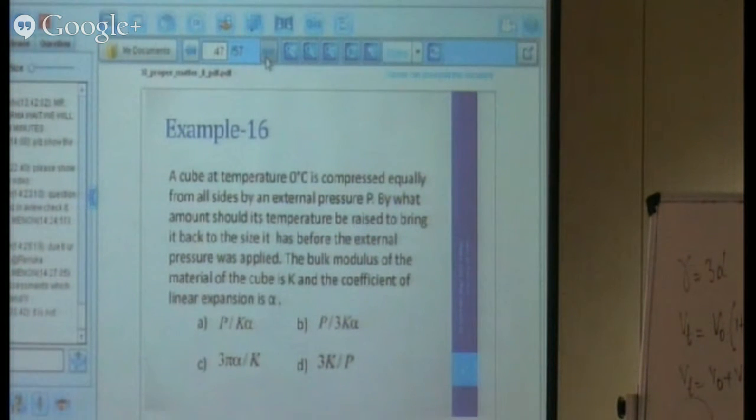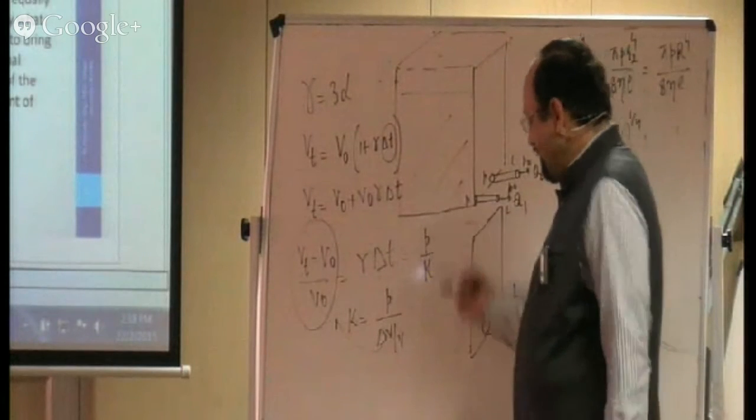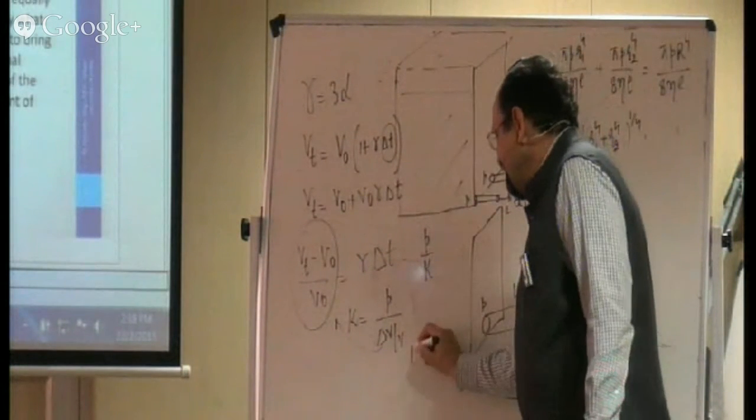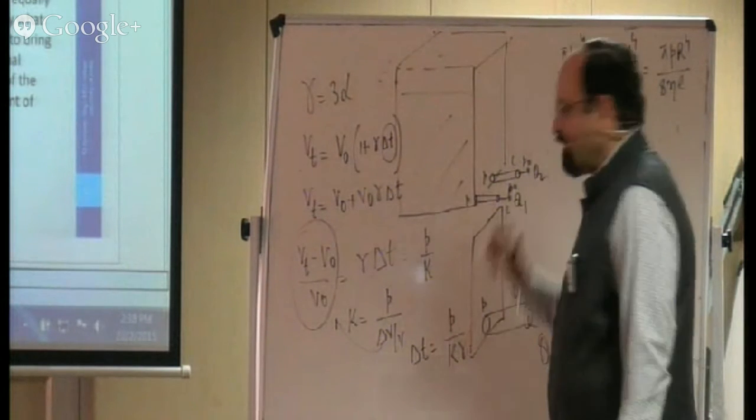He's not talking about the temperature change. He has already given you the raised, right? So that's why we're keeping it in this way. But this positive, from here the volumetric strain comes out to be P by K. You take K to the denominator, this makes it P by K. Anyway, delta T is equal to P by K gamma.